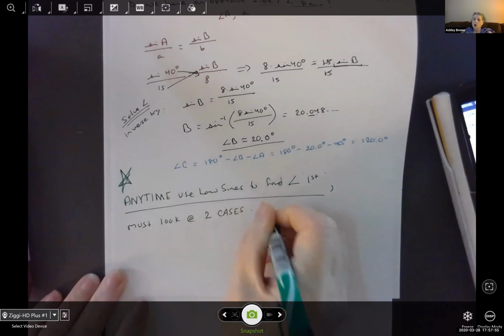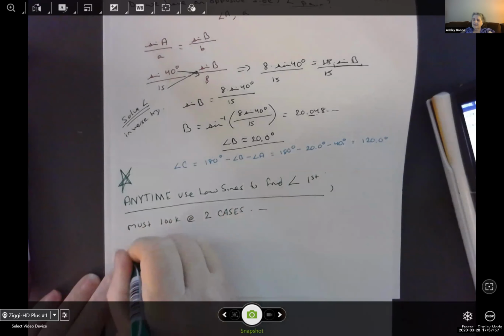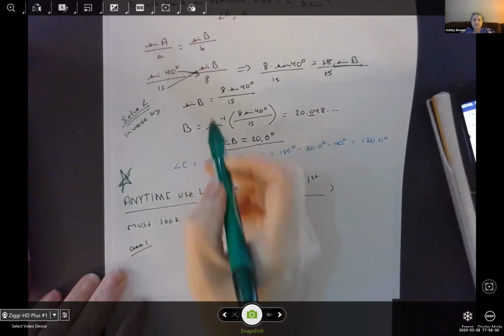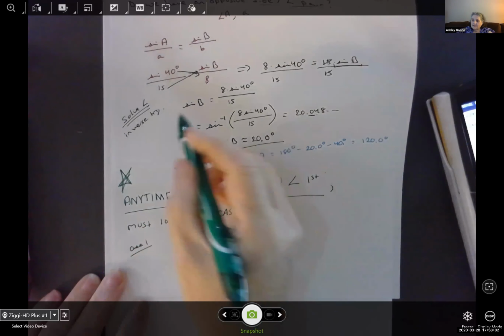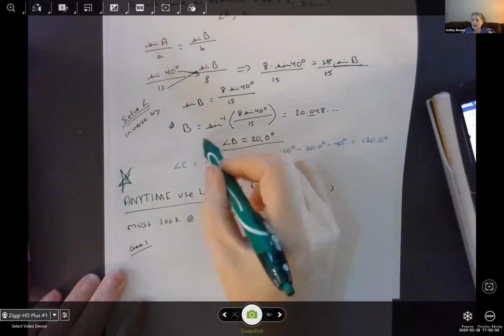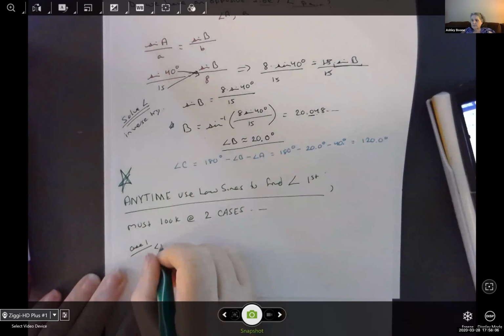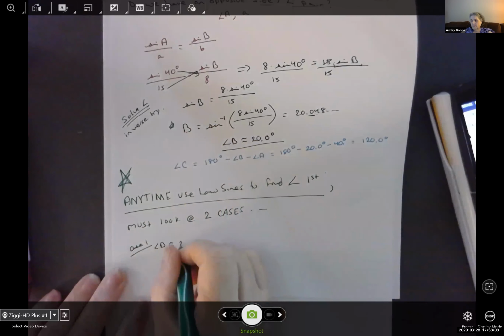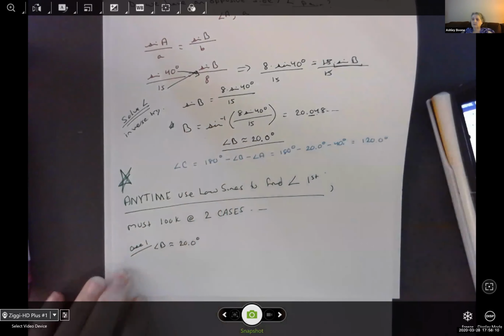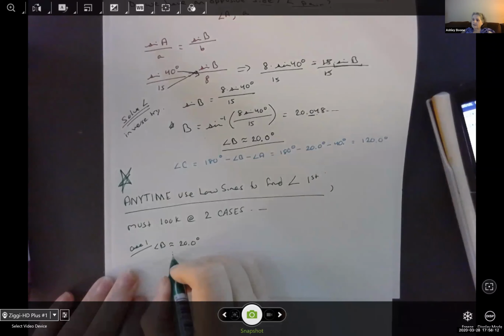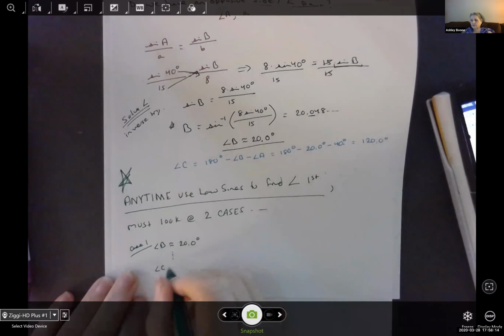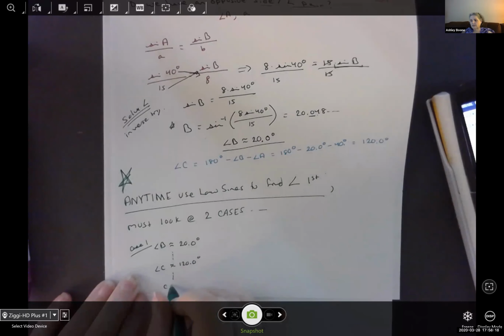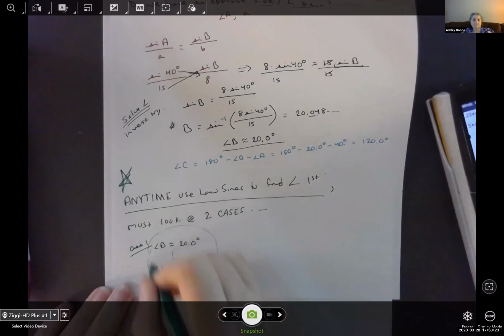The first case is what followed directly. We used the law of sines. We got angle B was approximately 20.0 degrees. That's case one. And we continued and found that angle C was approximately 120.0 degrees and side C was approximately 20.2. So we got that solution, okay?